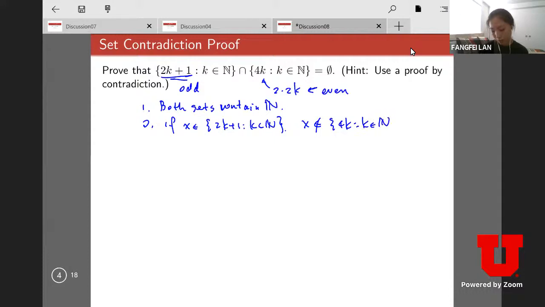So frame it in terms of an element-wise proof. And then to show the other way around, if X is in the second set, then X is not in the first set.